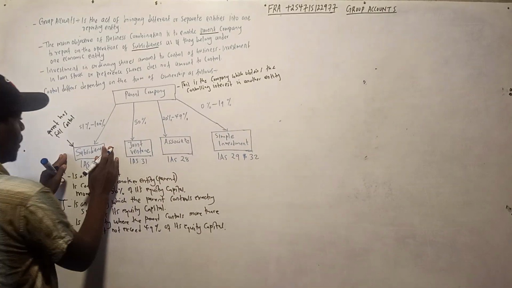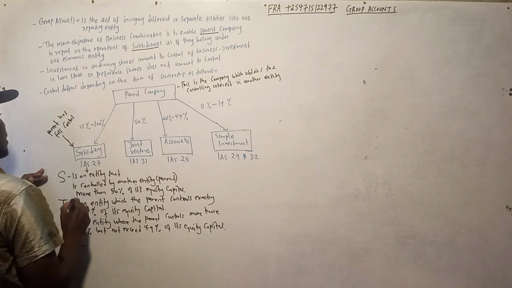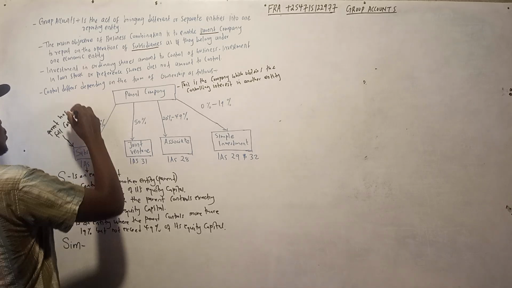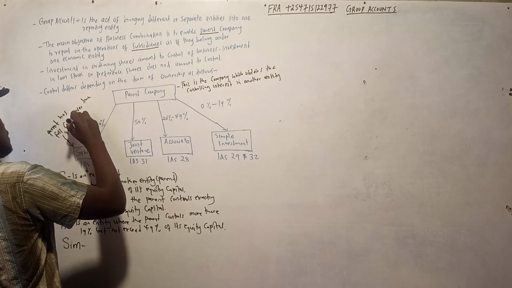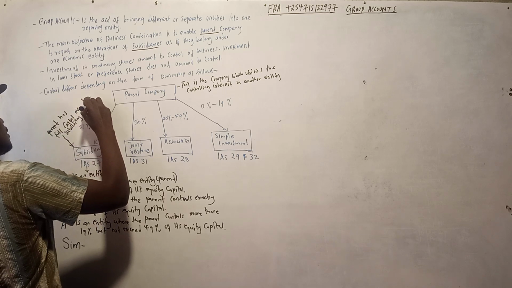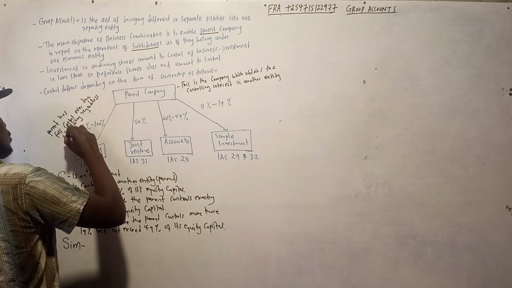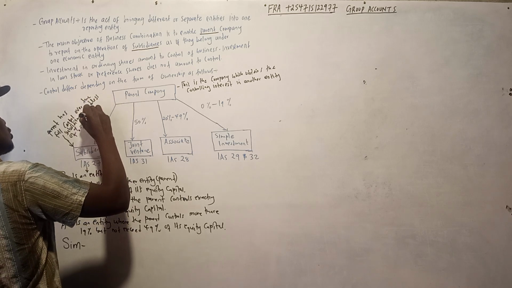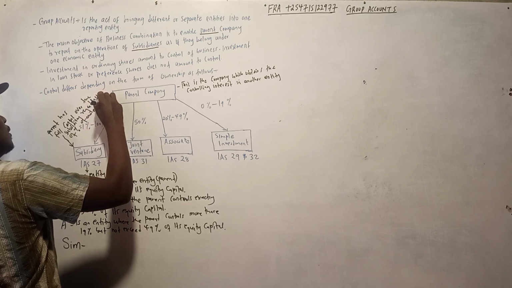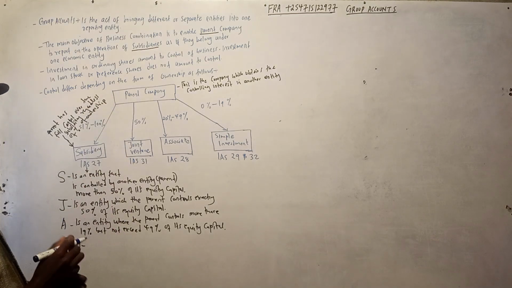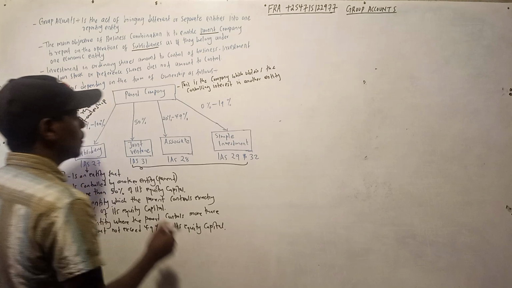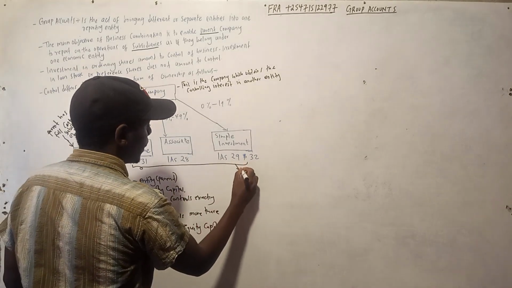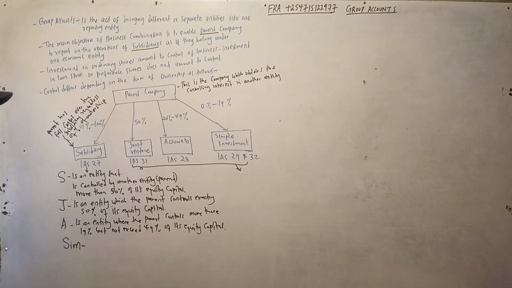Now for subsidiary, we have said that the parent company has full control over the subsidiary regardless of the percentage of ownership. What about the other three? The joint venture, the associate, and the simple investment.